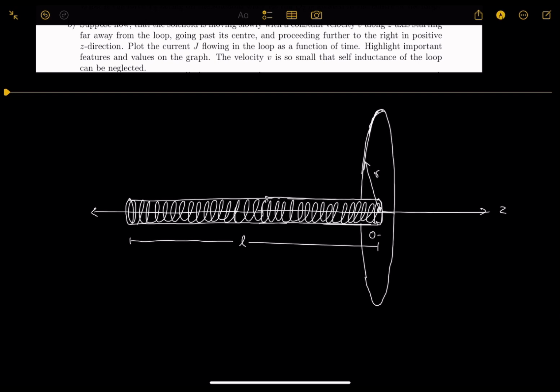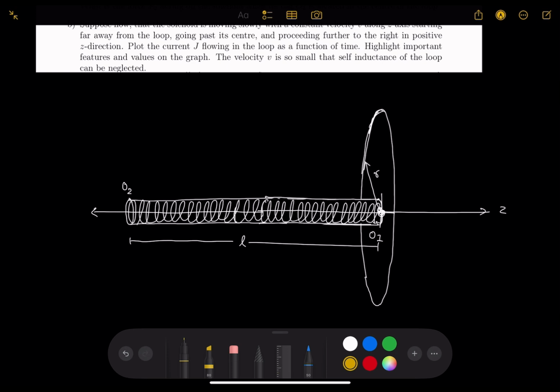The end of the solenoid, this end of the solenoid, has been called O1, and the other end O2, right? So that's what we've been assuming. We've been assuming that the loop, let me highlight that loop. This loop, I've been calling repetitively the Amperian loop, the circular Amperian loop, and I'm going to be referring to this thing as the solenoid.